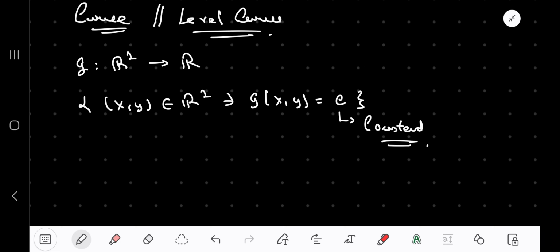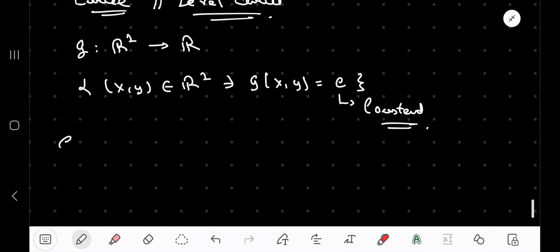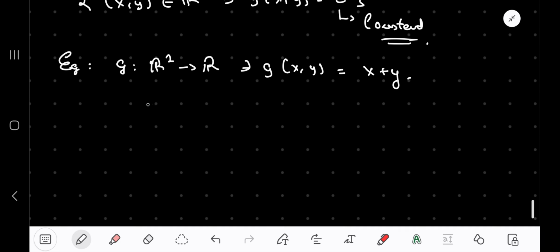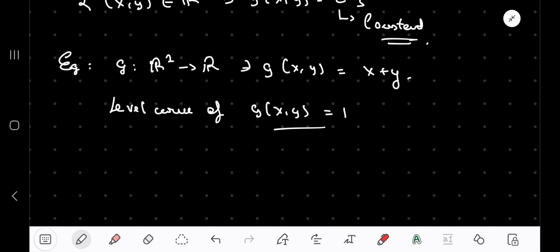That will technically give you a level curve. Fine. Let us quickly get an example. Let's say g is a map from R2 to R such that g(x, y) = x + y, and then what is the level curve of g(x, y) = 1?